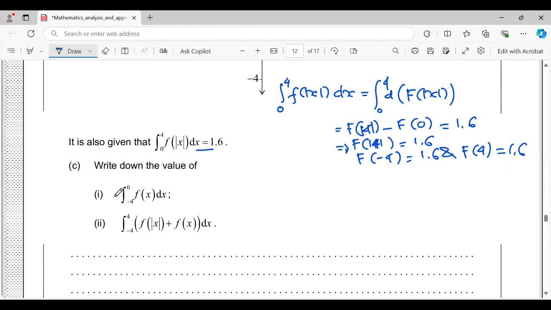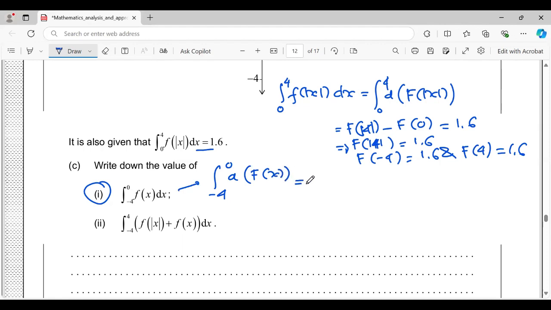All right. I'll write down the value of firstly this one. So this integral we can write as the integral from minus 4 to 0 of f(x) dx.